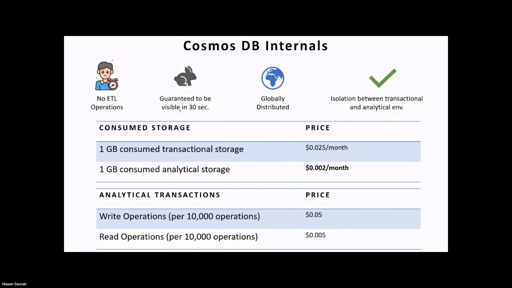Just like the OLTP store, it is globally distributed. This gives us great isolation between the transactional and analytical. That's a great architecture, because you don't want analytical workloads to hit the OLTP database and try to analyze the data. So this gives us isolation between the two environments.